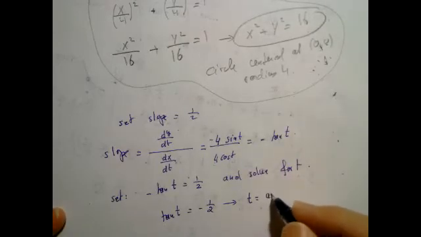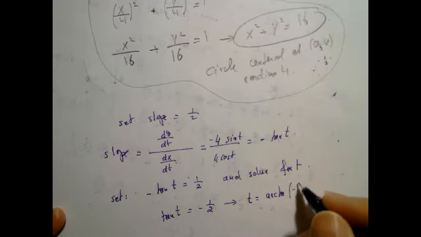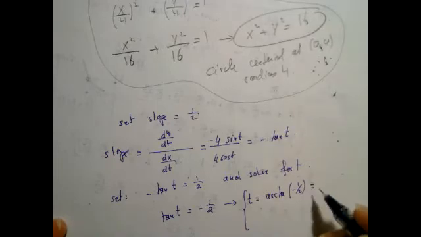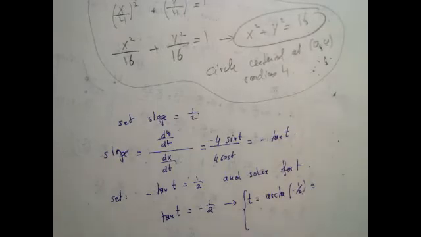Exactly, it's inverse tangent of minus a half. Okay, so this is equal to what? Now, what's the inverse tangent of minus a half? I actually don't know. We have to pick up our calculator to figure that out.